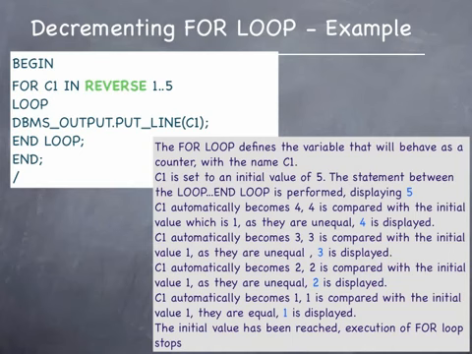So when you execute the program, the current value held by the variable c1 will be displayed on the screen. When you write this type of decrementing for loop, the low value should still be written before the high value. That is why you see it written as 1..5 and not 5..1. The execution of this loop is also displayed on the slide. You might want to take a few minutes to go over it.